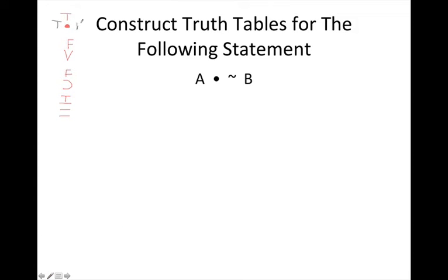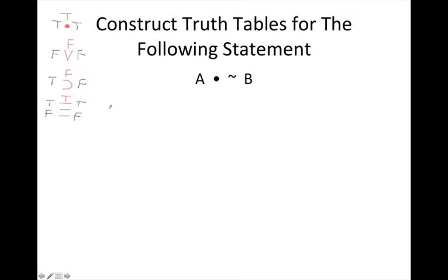Each of the conjuncts is true, each of the disjuncts is false, the antecedent is true and the consequent is false, and lastly, the truth values are equivalent.